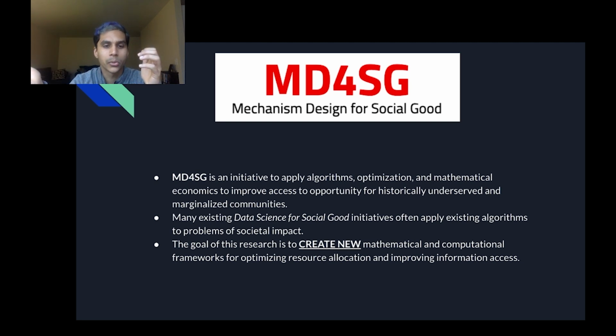So we're taking existing algorithms and applying them to these types of societal or humanitarian problems. The goal of this research is to create new mathematical and computational frameworks or algorithms for optimizing resource allocation or improving information access to these marginalized communities.